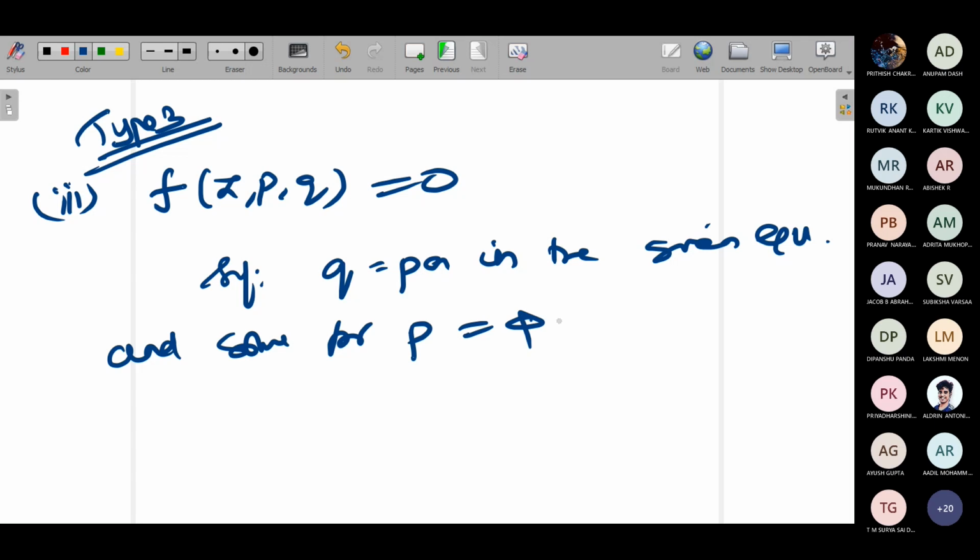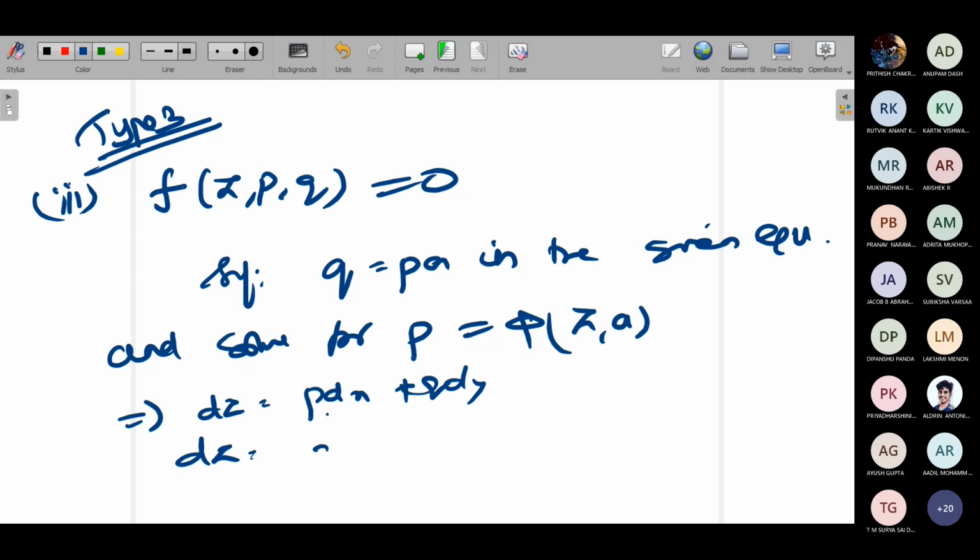P will involve z and a alone. So dz is equal to p dx plus q dy. P is equal to phi of z comma a into dx, and q will be equal to pa, so p times a into dy.